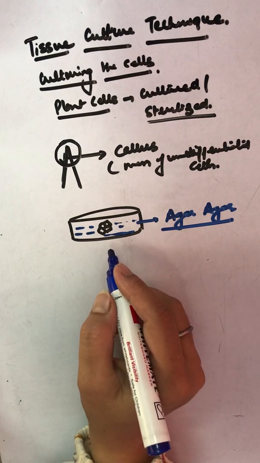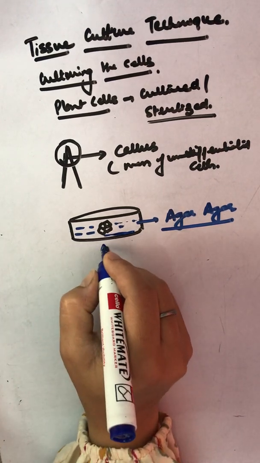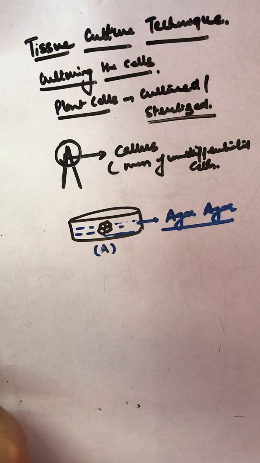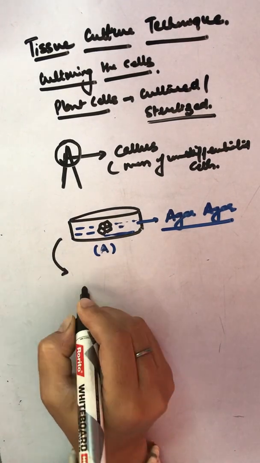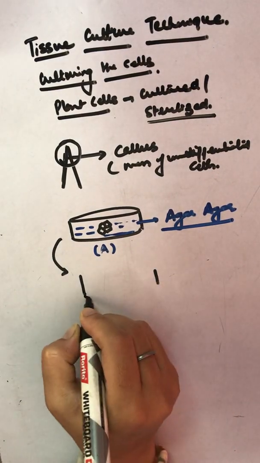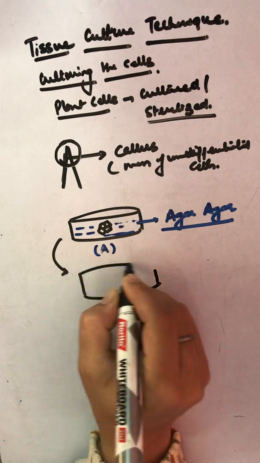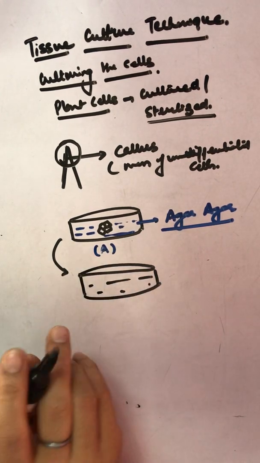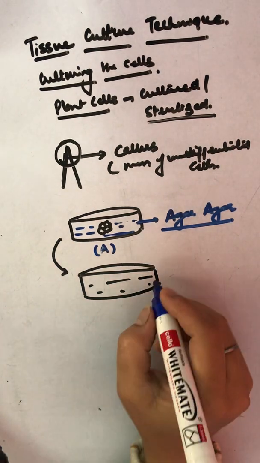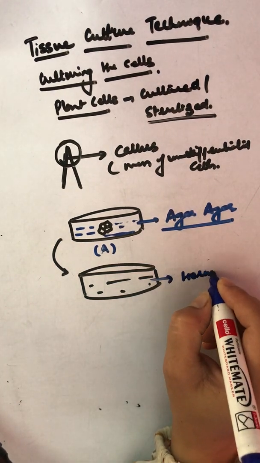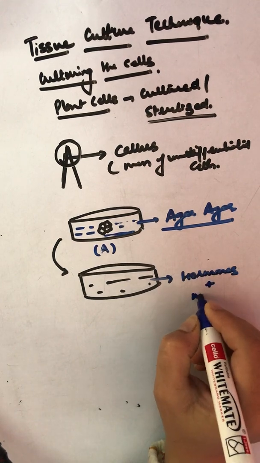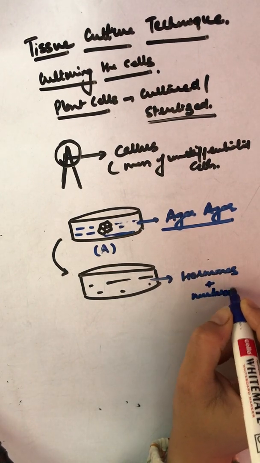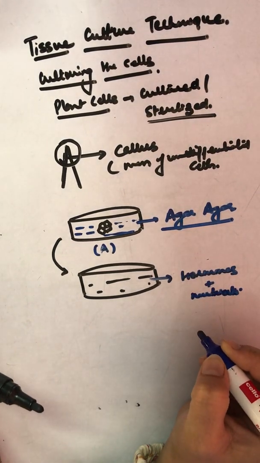Callus will quickly grow and from here it is transferred to another medium. In this medium, we will add hormones also. Hormones and nutrients required for the growth of the plant.